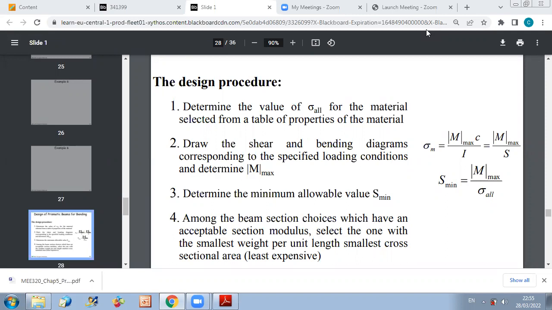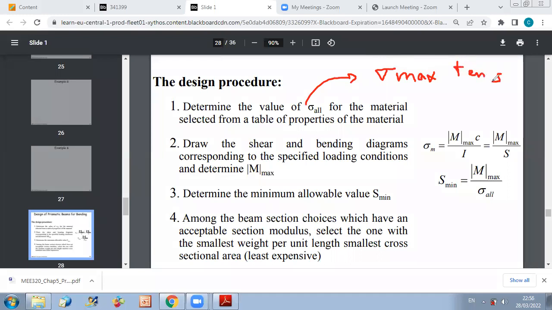In case you have an imposed material for your beam, then you should determine first what are the values of the allowable stresses for tension and compression. And then you can use a certain table of properties of the material that will give you the maximum allowable tension and the maximum allowable compression.